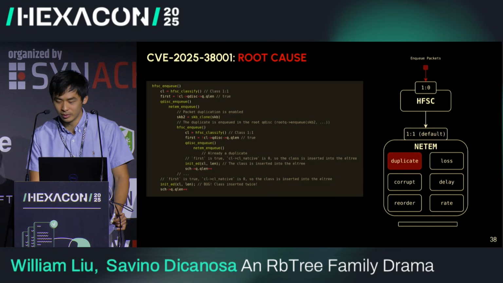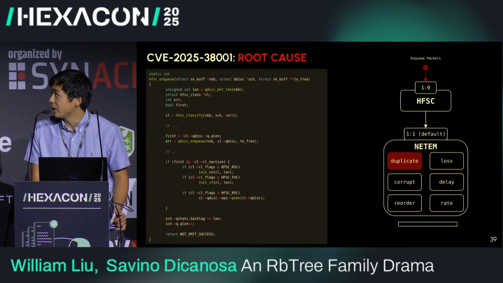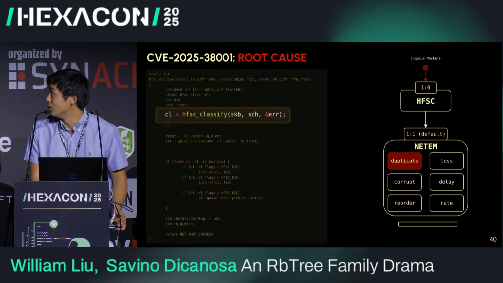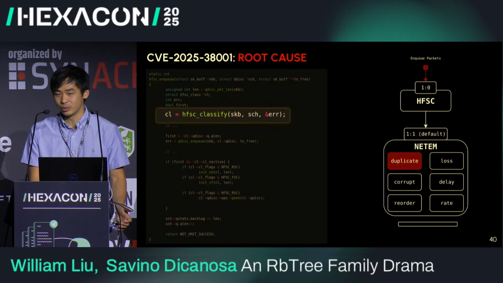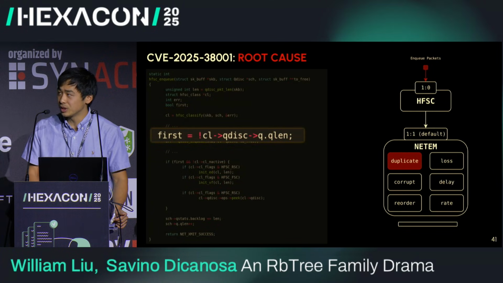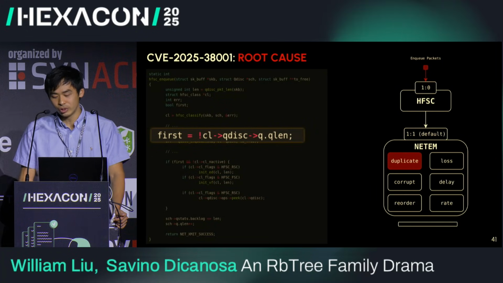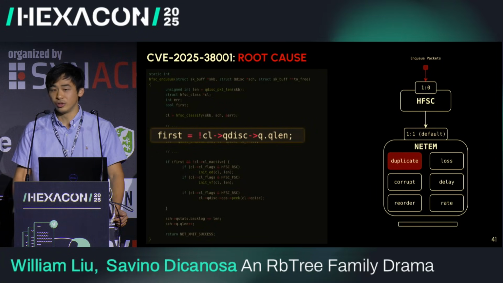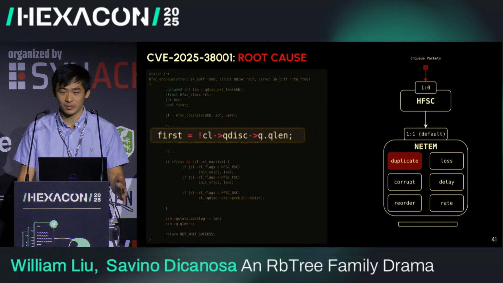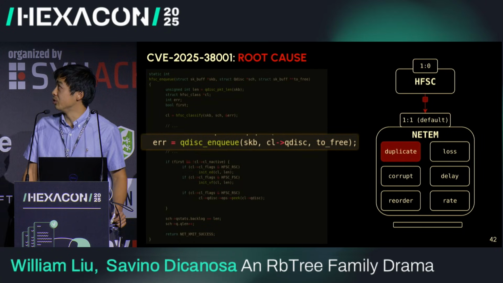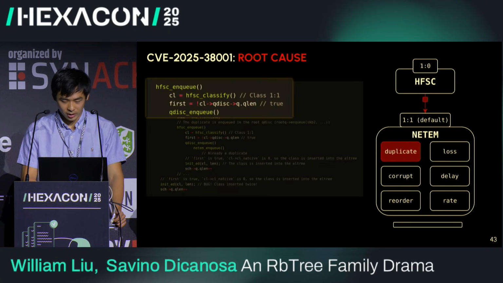Let's walk through some code. When your packet first enters HFSC enqueue, it gets classified for the correct child. In this case, there's only one child, so it's really trivial. And then we have this first variable that gets set. This is really important. It's set to true when there are no packets previously in here. Then we call QDisc enqueue on the child, which is NetEm.